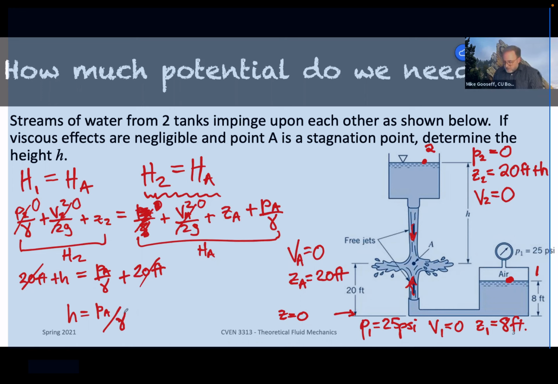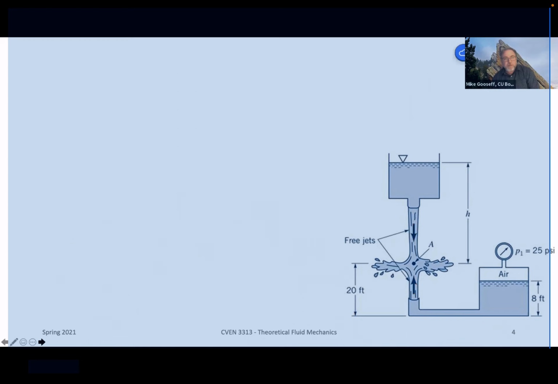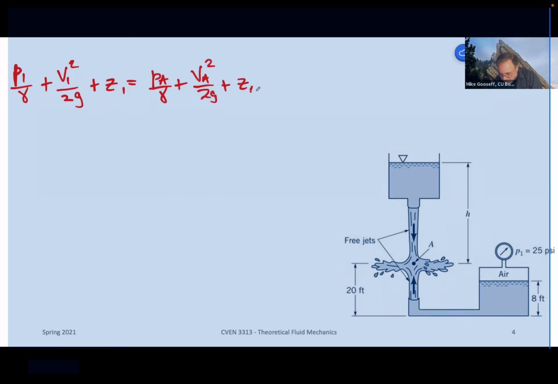All right, I'm going to go to the next slide now so that we can work from 1 to A to help us figure out what H is going to be, okay? So now we have P1 over gamma plus V1 squared over 2G plus Z1 is equal to PA over gamma plus VA squared over 2G plus ZA.